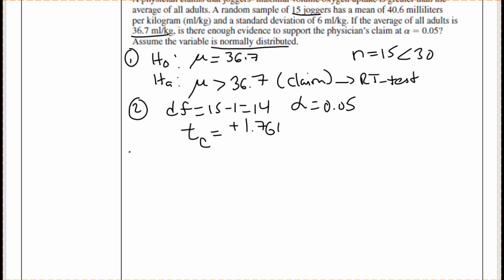All right, step 3, calculate our t-test. So we're going to go ahead and plug in the numbers. x bar, from the random sample of 15 joggers, we got a mean of 40.6, and this has a standard deviation of 6 milliliters per kilogram.